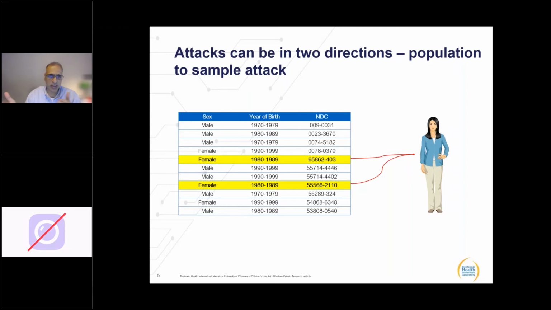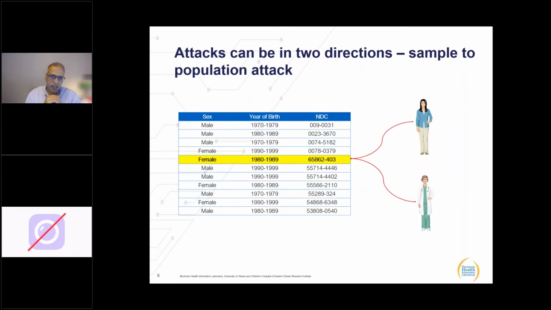One direction is a population to sample attack, where an adversary, this is the attacker, knows someone in the real world and wants to match that person or what they know about that person to records in the data set. So in this example, we are trying to match Sally, who we know in the real world, with the database. And then in this case, we have two matches, or two potential matches.